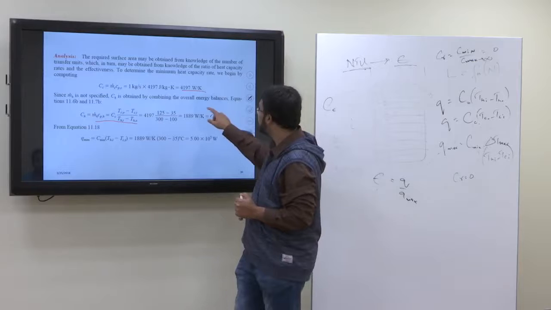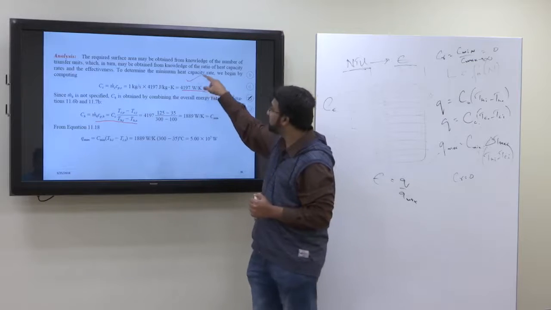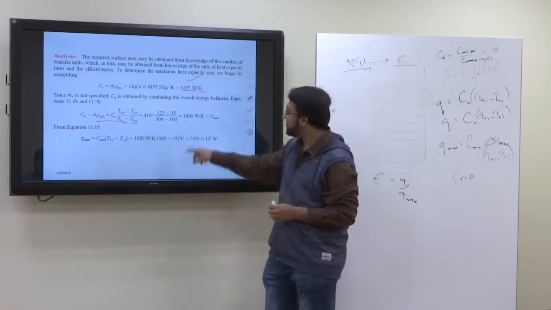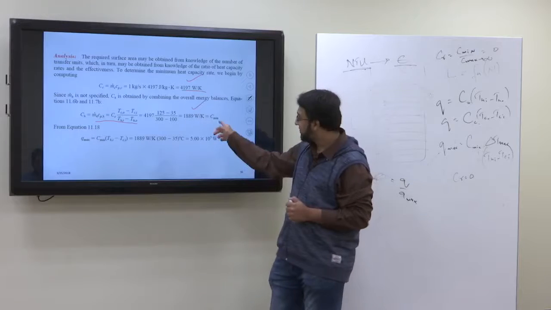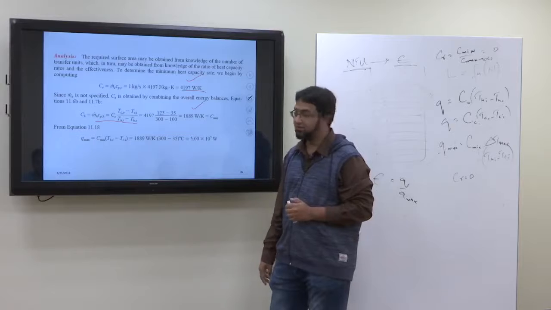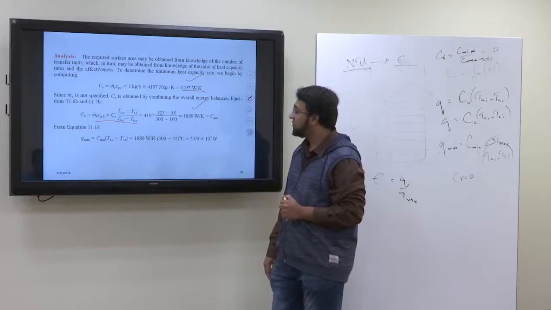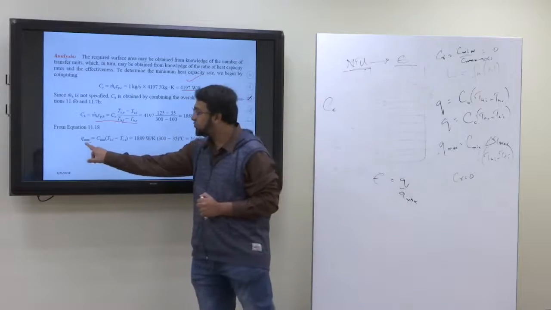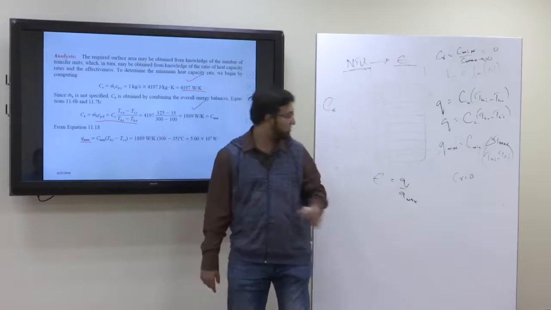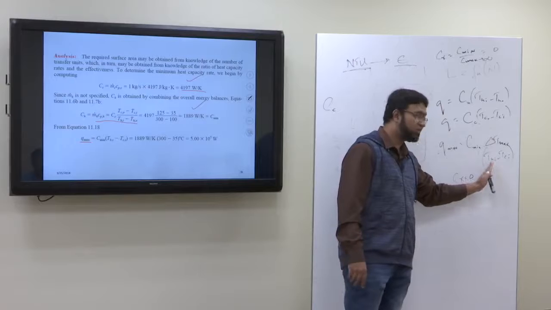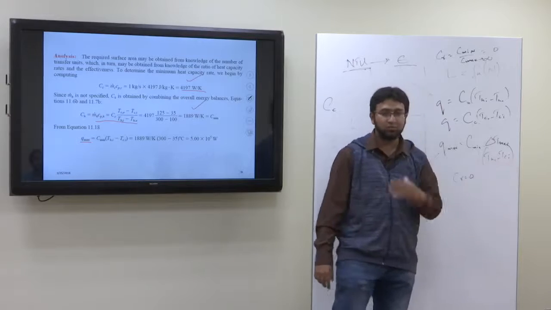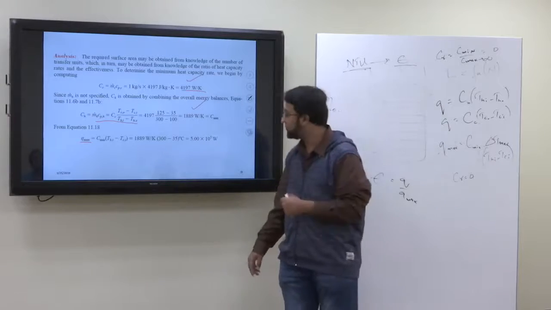So you find out, Cc cold side was 4197, hot side was 1889. So C minimum will be hot side, 1889. Now we can find out what is Q max, because Q max is equal to C minimum multiplied by delta T max, and delta T max is T hot inlet minus T cold inlet. We know both inlet temperatures.